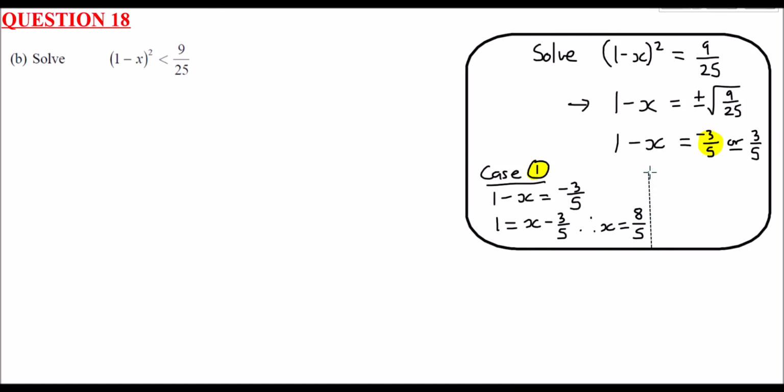Let's now consider case 2. So the other option was the possibility where 1 minus x was positive 3/5. So that leads us on to what I'm going to call case 2. So now we're going to set 1 minus x equals just 3/5.